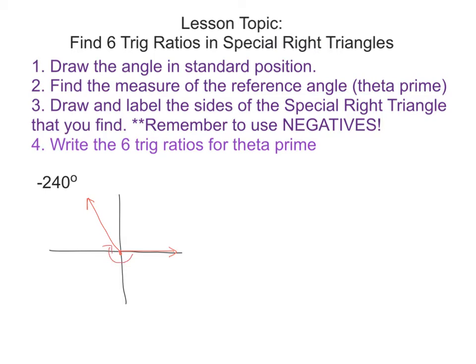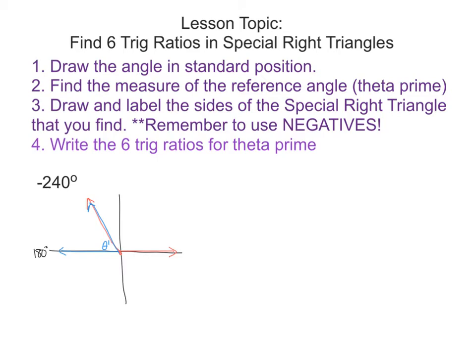I'm actually going to erase the symbol I just put on there just to make sure we can put our theta prime in there really clearly. So we're going to draw our reference angle, theta prime, like we've been practicing, and we are going to find the measure of theta prime. We know that this is 180 degrees here.